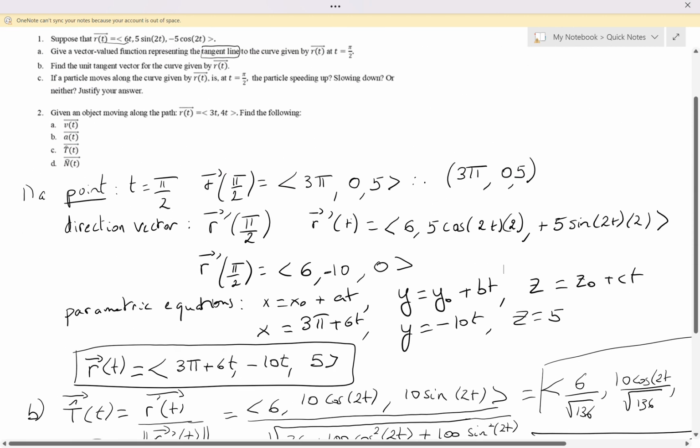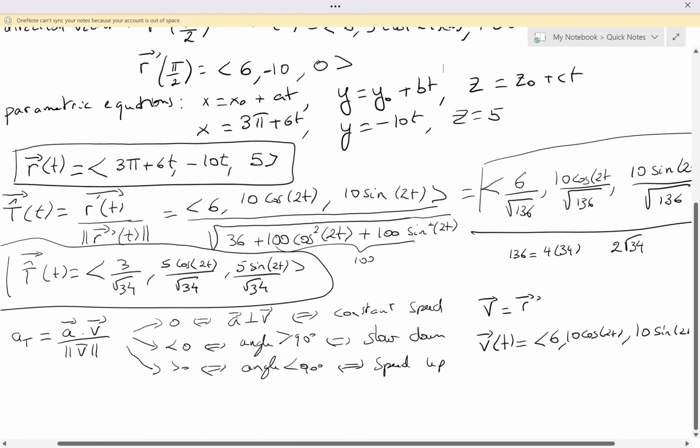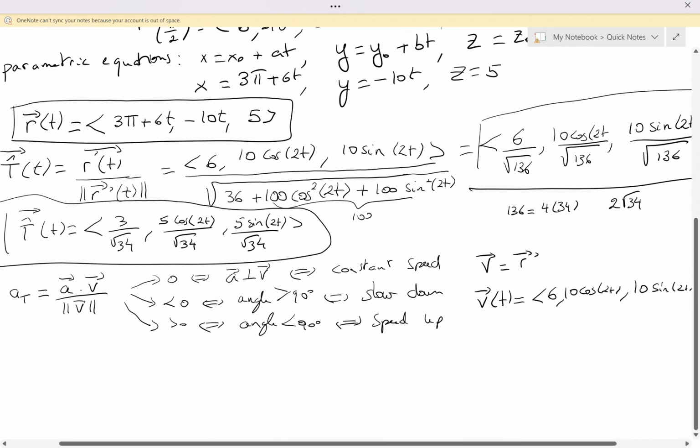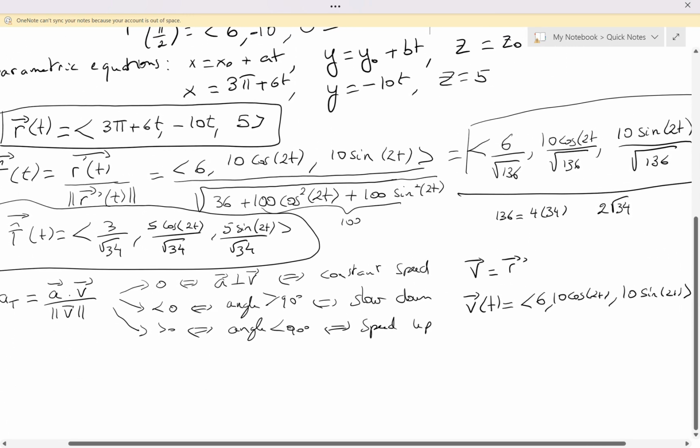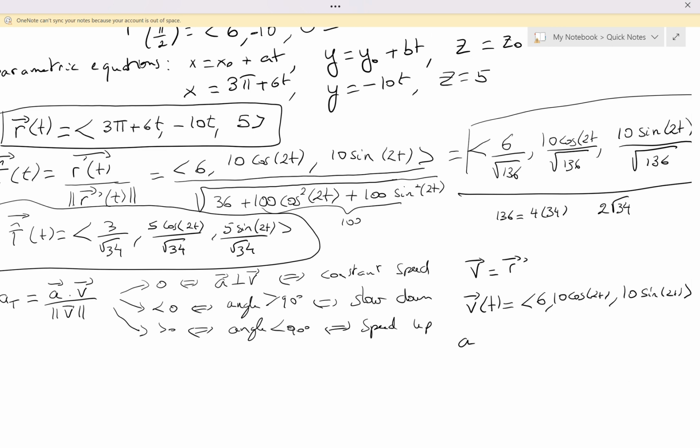And then we want to find the acceleration. The acceleration is the derivative of the velocity, so I'm going to differentiate the velocity. If I differentiate each component, I get 0.